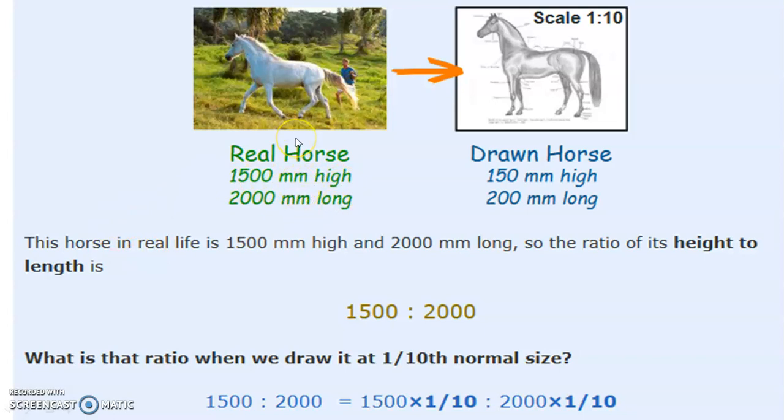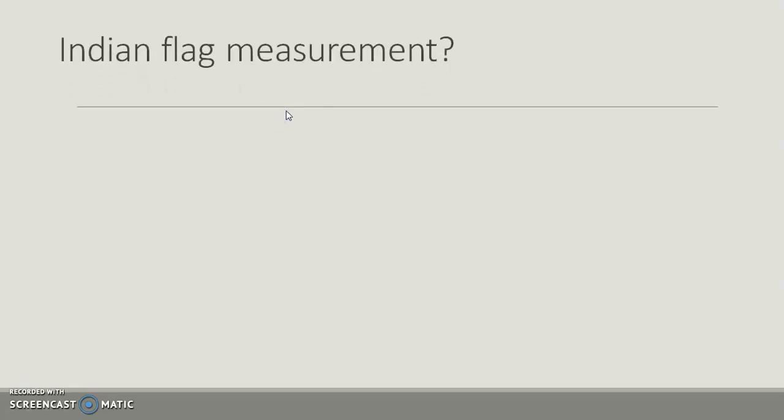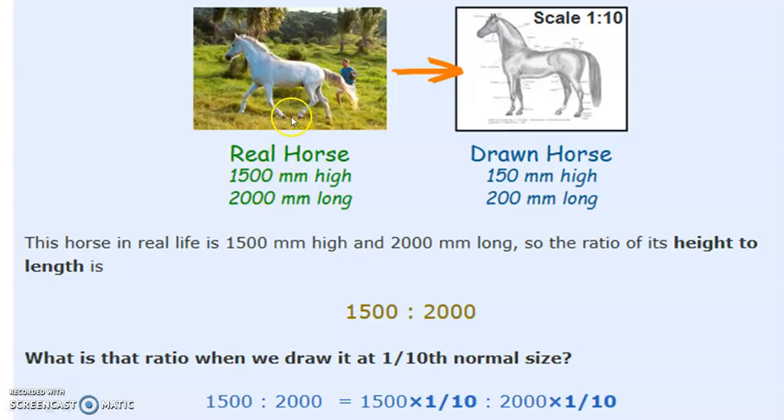How much height it is, how much long it is. From this, we can say it is height. Then, this is length. And we find the ratio between these and we draw it in a small paper with a ratio. See here, this is 1500 by 2000.